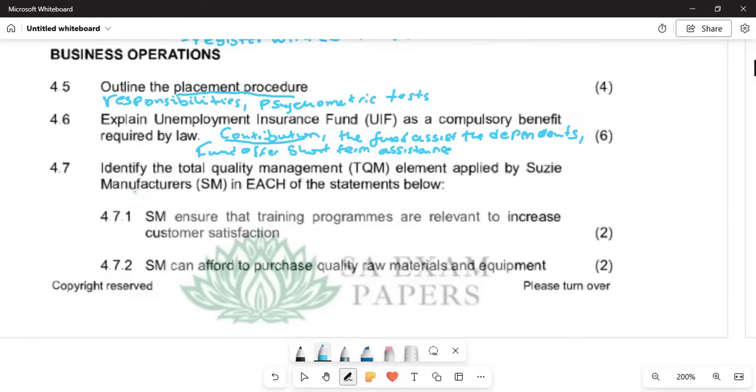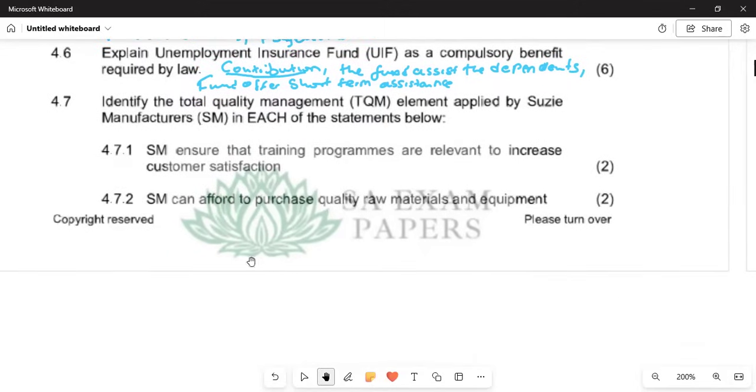Now we are moving on to 4.7. Identify the total quality management element applied by Suzy Manufacturers in each statement. 4.7.1 reads as follows: SM ensure that training programs are relevant to increase customer satisfaction. So we are to identify the total quality management element.